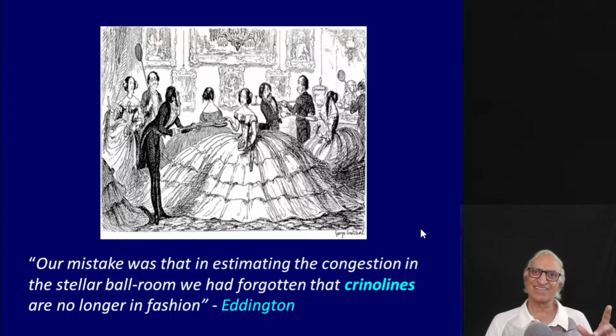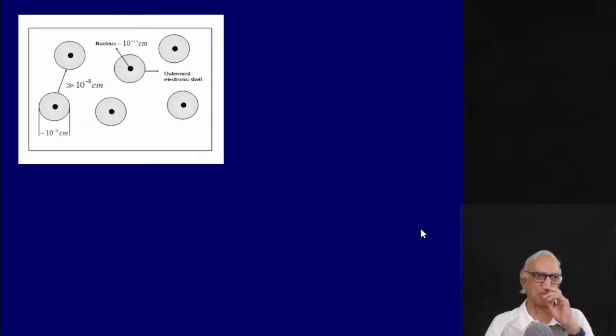What do crinolines and ladies wearing crinolines have to do with perfect gas? But that's what Eddington said in his book, and this is what he meant. So these are atoms in a gas.